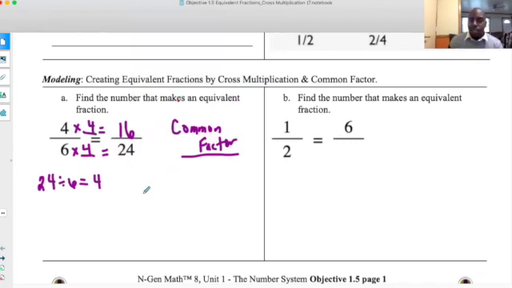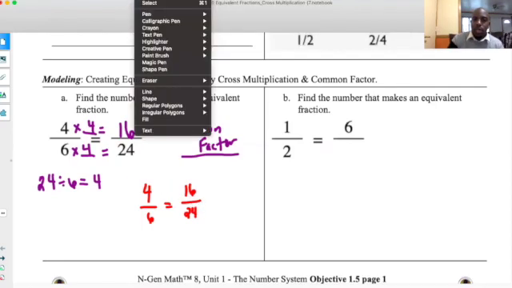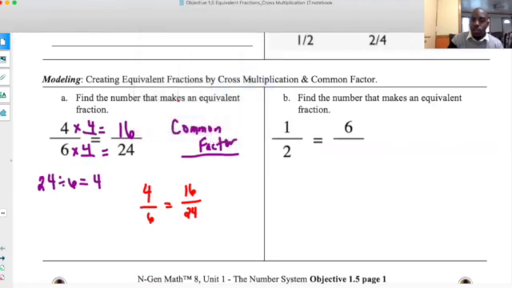Because if I'm really saying that 4 over 6 is the same thing as 16 over 24, when I go to cross multiply them, cross multiplication, I want to draw a nice picture for you.